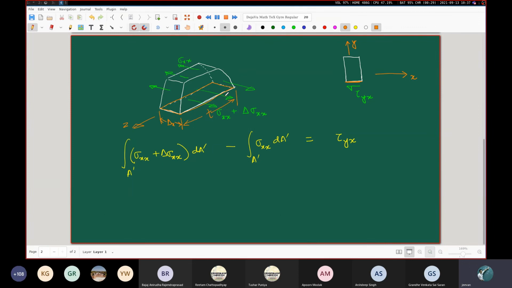This thickness or breadth along the bottom surface to be t. So this area is t times delta x. All right, t times delta x is the area of this bottom rectangle.